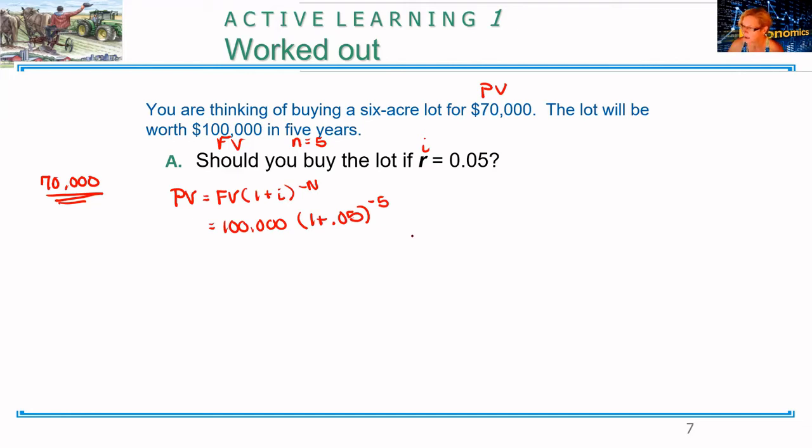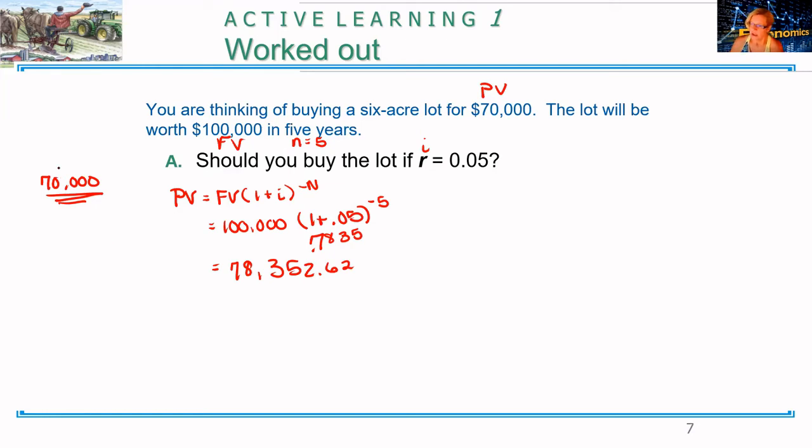Okay, so we end up with a compounding factor of 0.7835. And we're going to multiply that by our 100,000. And we end up with the present value equal to 78,352.60, and I'll just round it to 2.